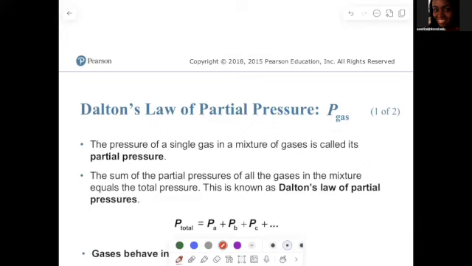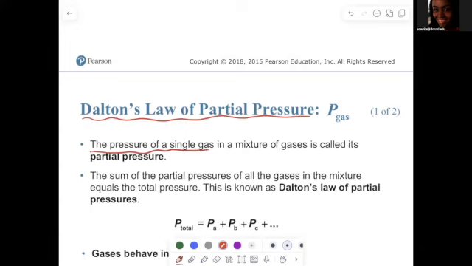He is that scientist that told us about the atomic model, the first one that we covered, I want to say years ago, weeks ago. He's back. And this time he's giving us a law that kind of sounds obvious. But in this law, he's saying that when you have a mixture of gases, what is the partial pressure? What's the total pressure? His law is called Dalton's law of partial pressure.